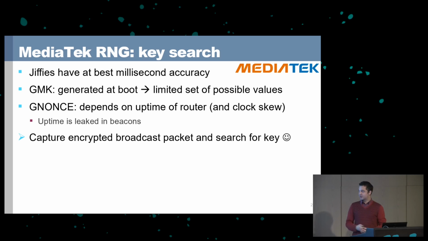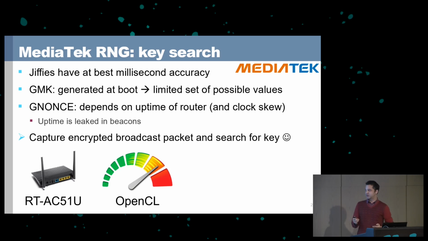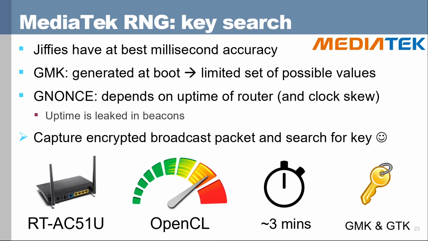We tried this against our own router, and we implemented a program on the GPU, in particular in OpenCL, to make sure we can do this in a timely manner. Using the standard GPU in my laptop, and you can even get better GPUs or multiple ones, I can crack the keys within 3 to 4 minutes.